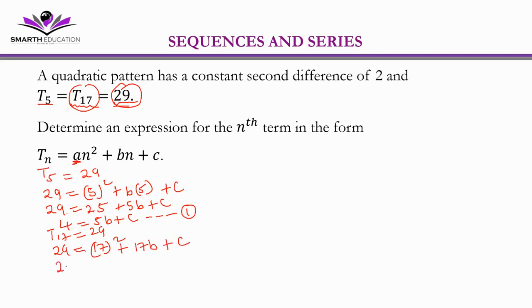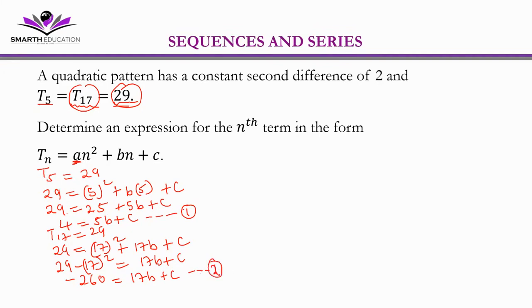Just say 29 minus 17 squared is equal to 17b plus c. Then we must get negative 260 is equal to 17b plus c. Let's name this one equation 2.